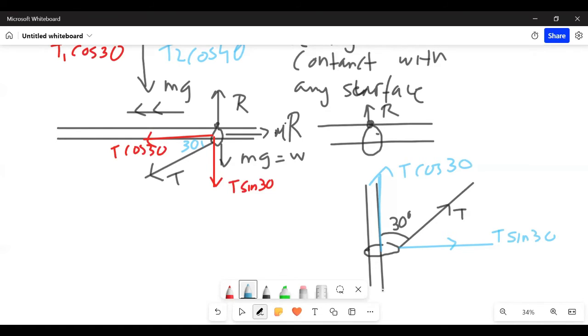Then the weight is going to be in this direction, mg. The normal contact force is perpendicular to the contact. So now the ring is in contact over here. This is the contact, so this has to be R, and R is going to be in this direction.